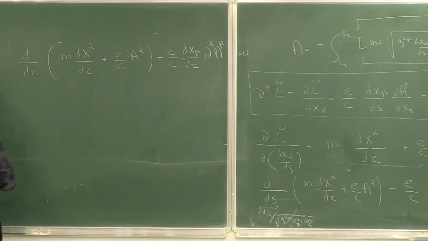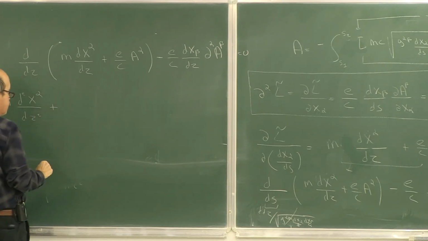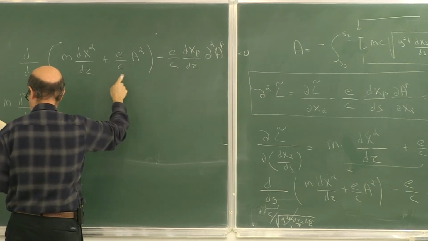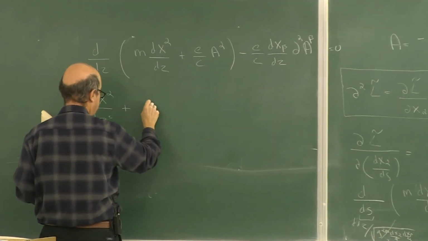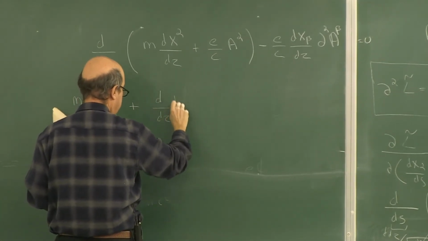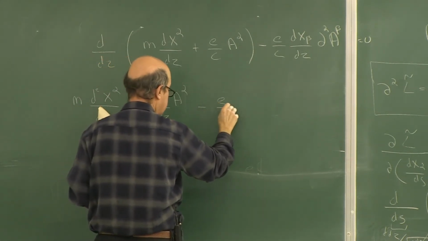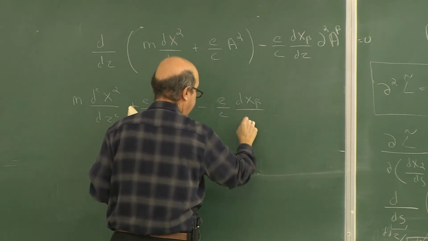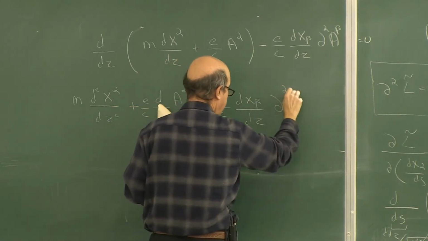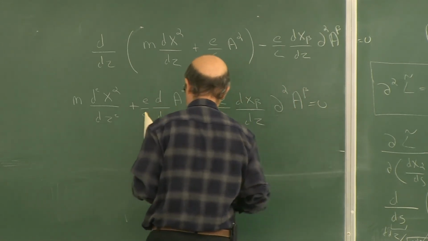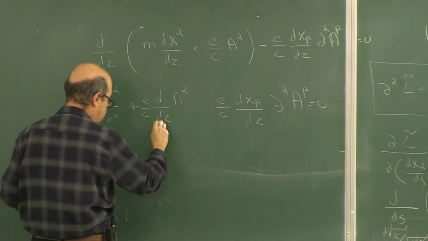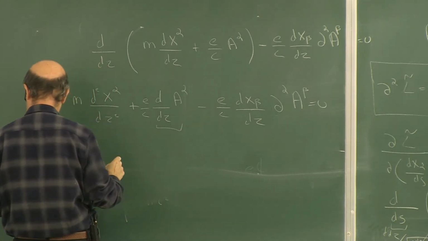If you take the derivative with respect to d tau, you will obtain the following: m d square x alpha over d tau square. For the term d over d tau of A alpha e over c you have, minus e over c dx beta over d tau del alpha A beta has to be 0.